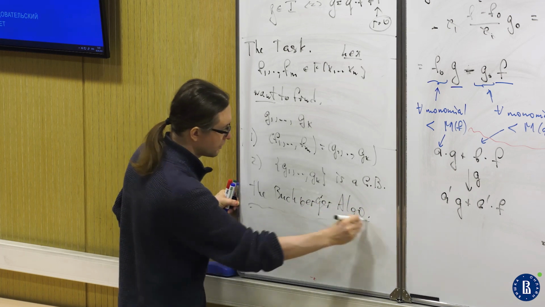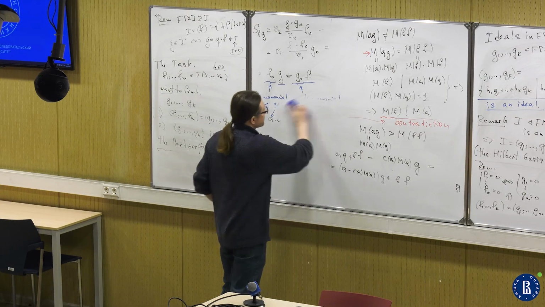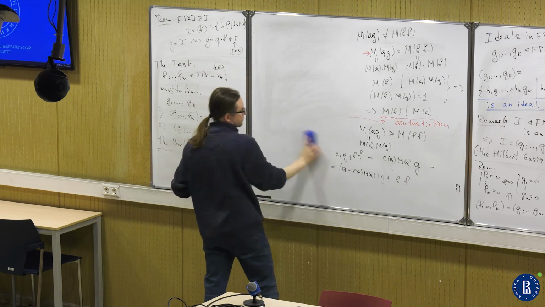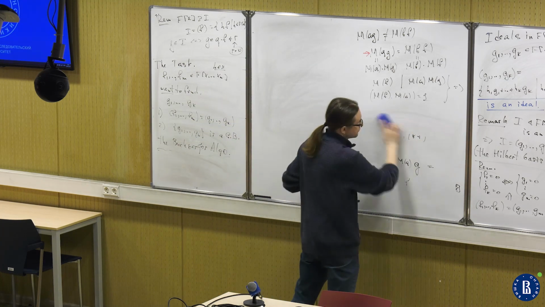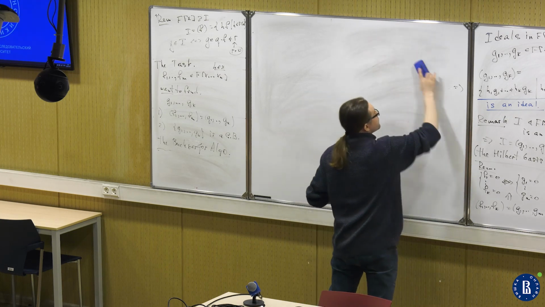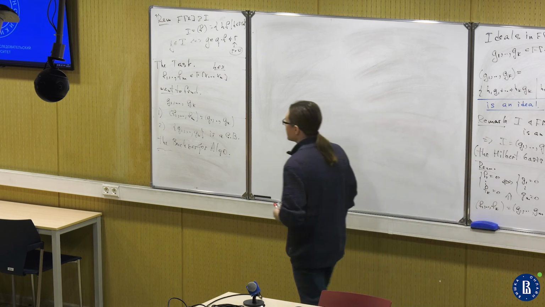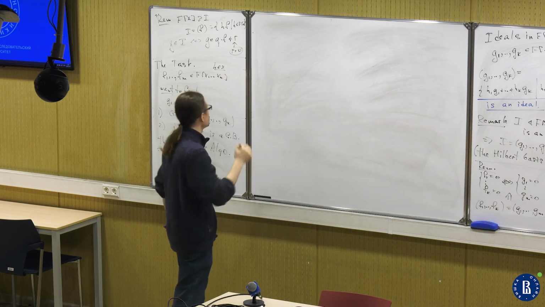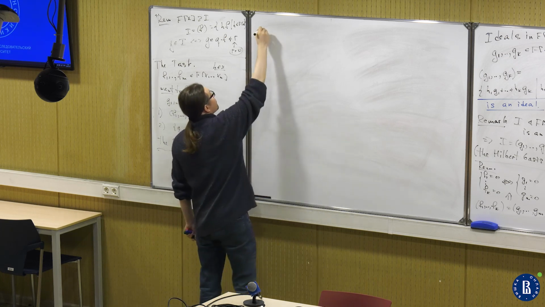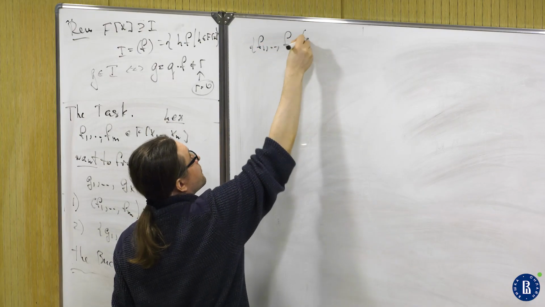So let me explain how it works. We start with the set f1, ..., fk.